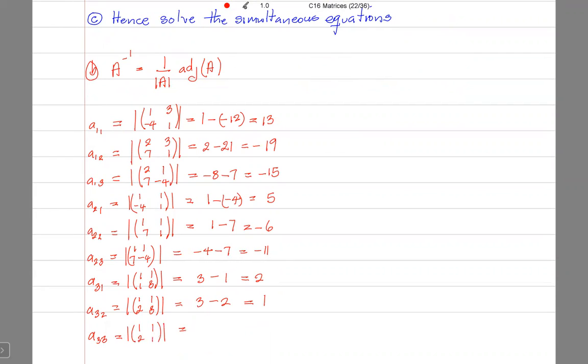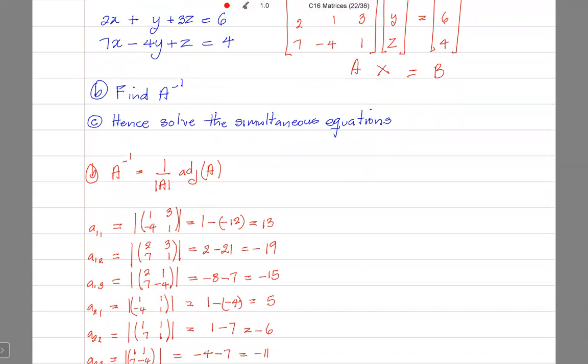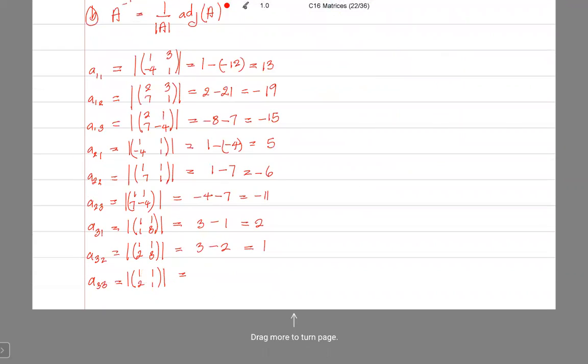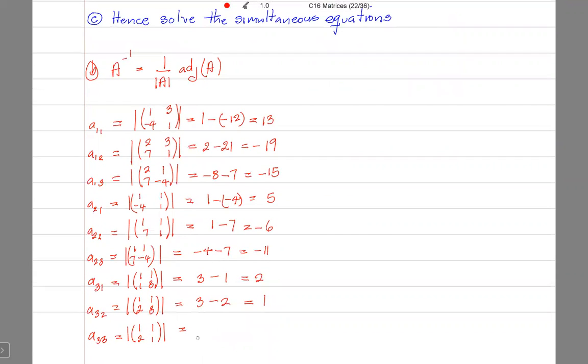Just double checking. And this becomes 1 minus 2, which is minus 1.